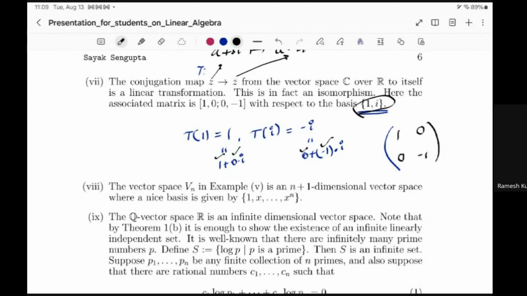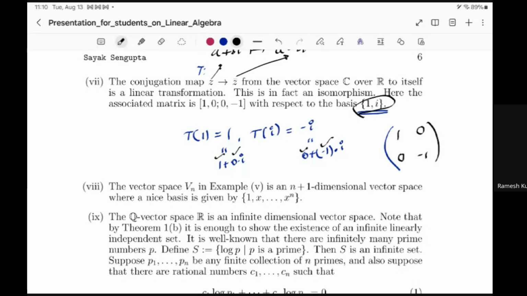Sir, can you give an example of other bases, except 1, I? You can have another example, say 1, minus I. That also works as a basis. Sir, other than 1, I or 1, minus I, can you use other numbers?